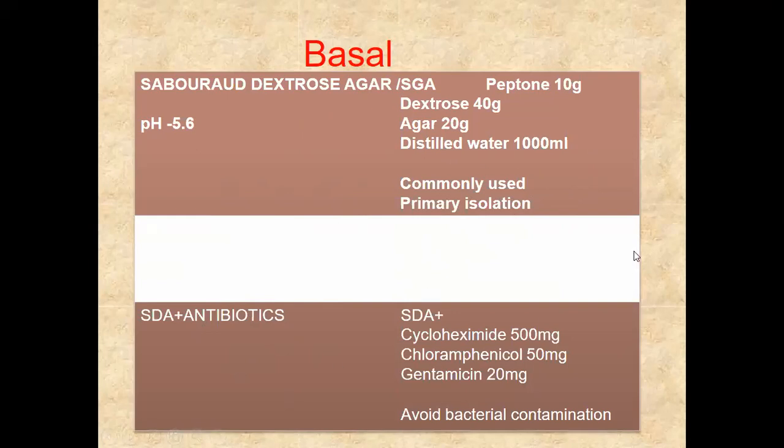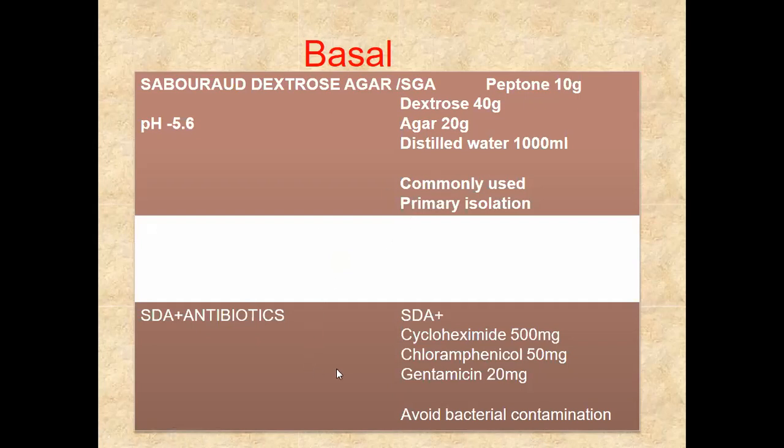We all know that agar medium is a favorite for many bacterial organisms, but we are not culturing bacteria here. We are culturing our specific fungal organism on that particular medium.